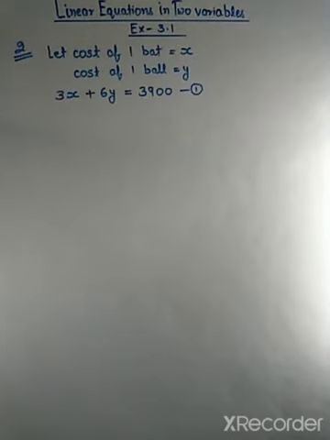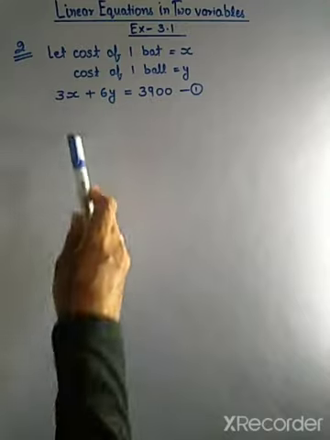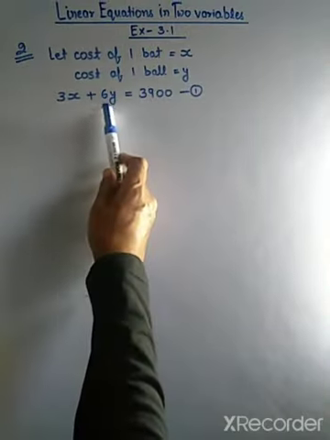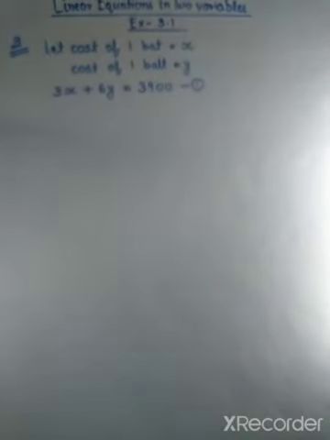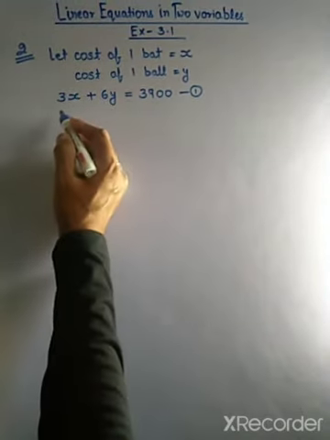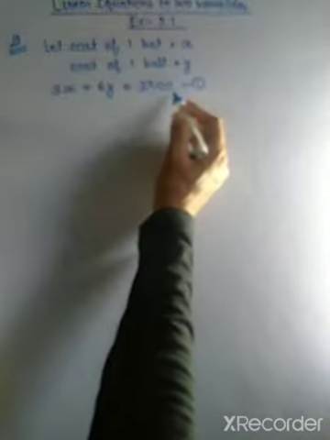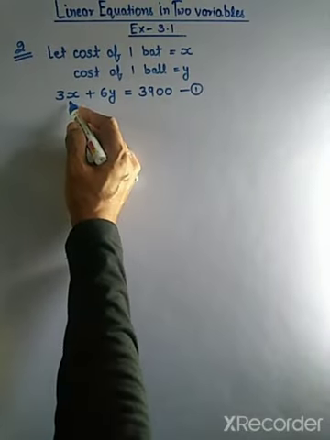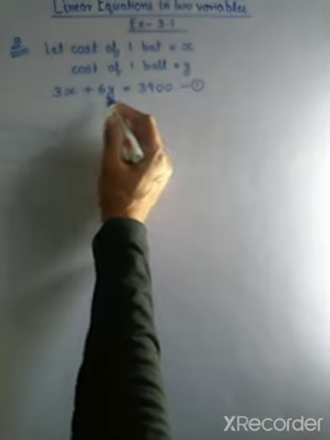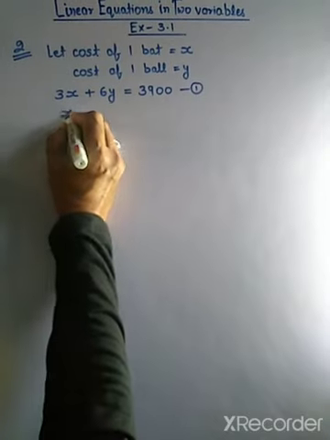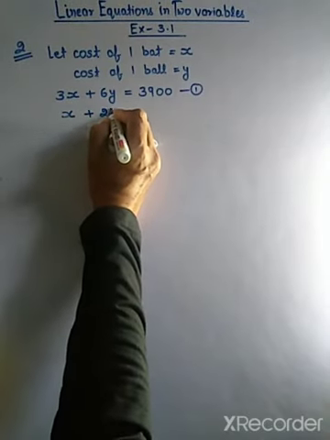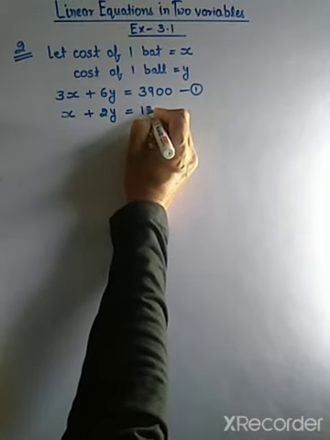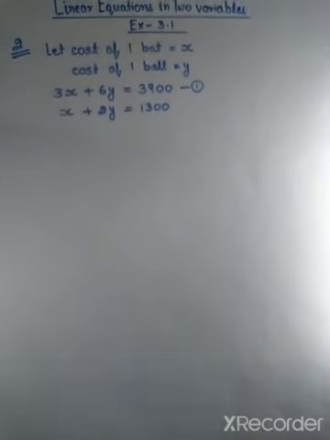In the first condition, it is given that the cost of 3 bats and 6 balls is rupees 3900. So 3x plus 6y equals 3900. If we divide this equation by 3, you can see all the coefficients are divisible by 3, so it will be x plus 2y equals 1300.